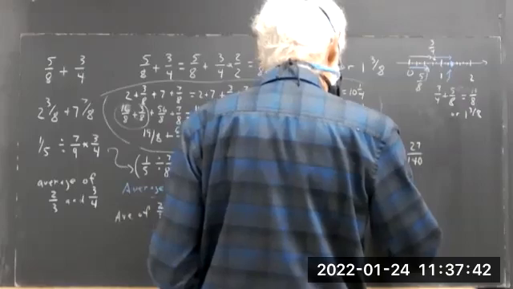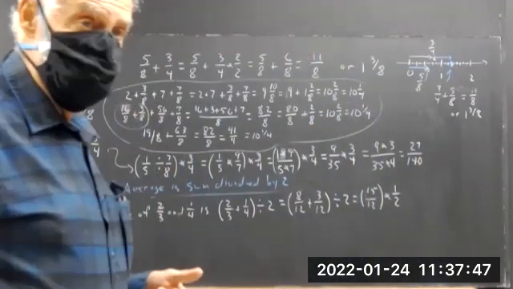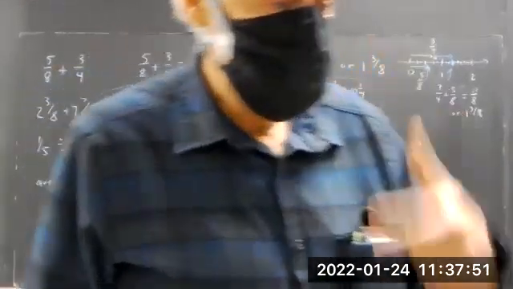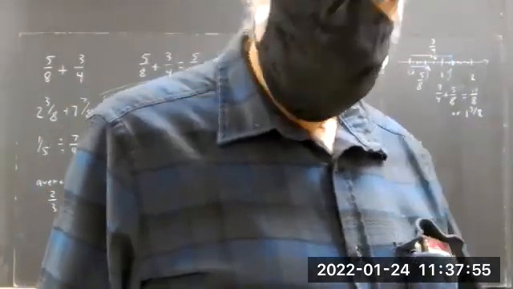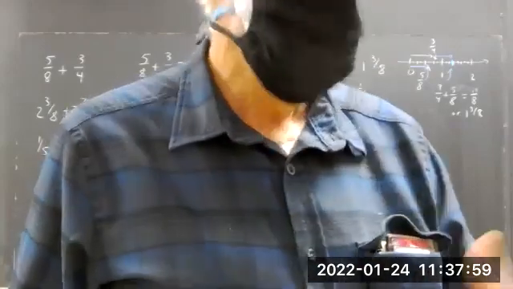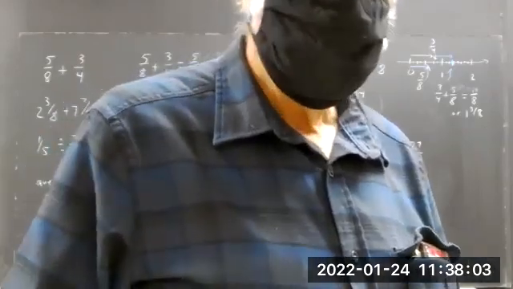Now, divided by 2 is the same as multiplying by 1/2, isn't it? Like, if I want to average 4 and 6, 4 and 6 makes 10, right? 10 divided by 2 is 5, or 10 times 1/2 is 5. 10 multiplied by 1/2 is the same as dividing by 2.